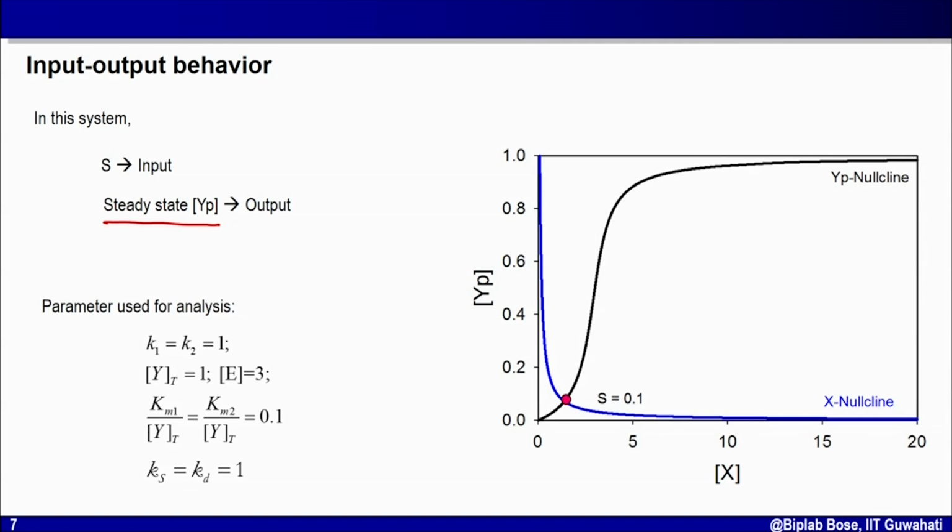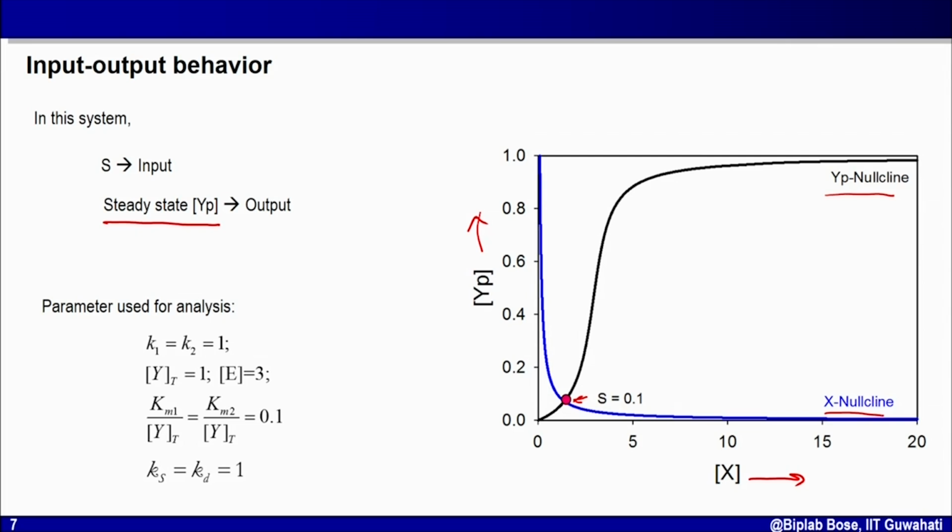So I will again take the phase plane plot and try to understand. Here I have drawn the phase plane plot with X on the horizontal axis and YP on the vertical axis. I have the X nullcline here in blue and the YP nullcline here in black, and their point of intersection is shown by this red dot.